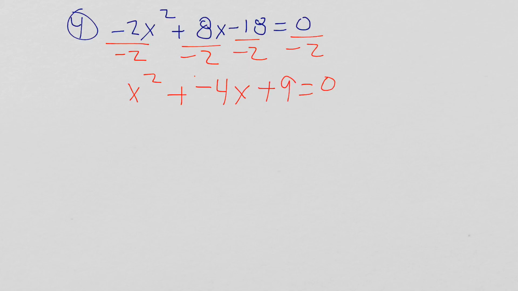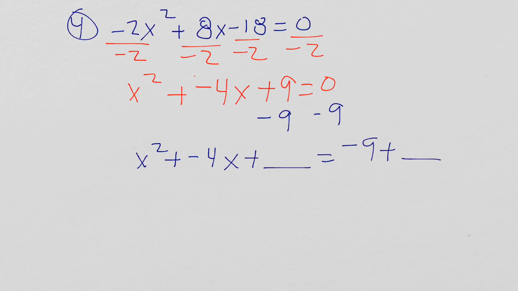We're going to go ahead and zero pair out the c's, so we're going to do minus 9, minus 9. So we're going to have x squared plus negative 4x plus a line equals negative 9 plus a line, and then our parentheses squared equals.